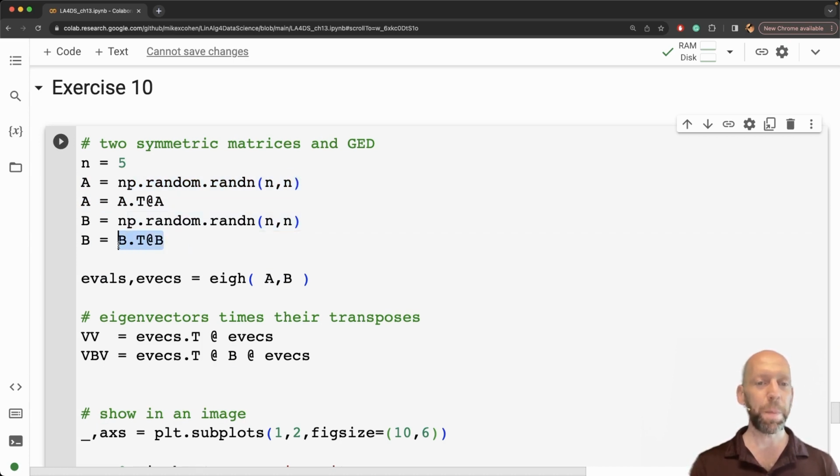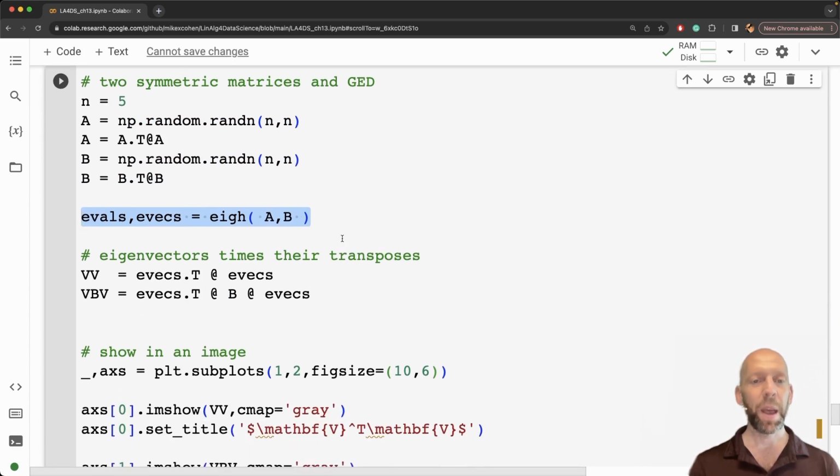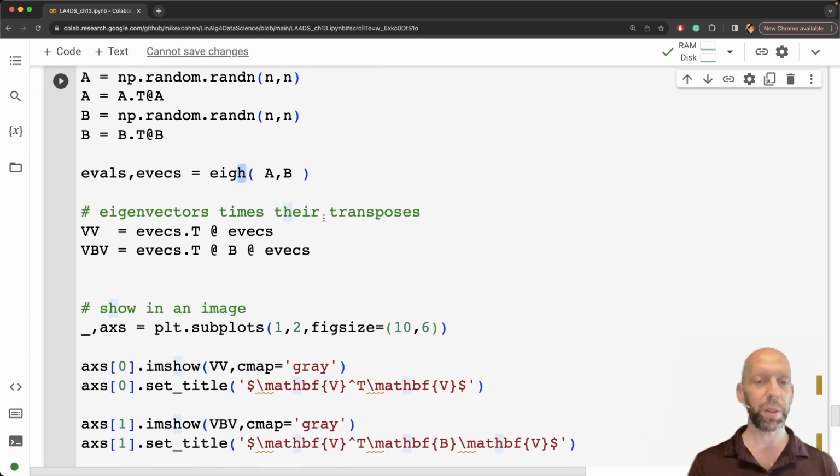Same thing for B. And here we implement the generalized eigendecomposition on matrices A and B. As I mentioned earlier in this chapter, if you're going to perform generalized eigendecomposition, it's better to use the eigh function from SciPy, which is more numerically stable compared to the eig function in NumPy for the generalized eigendecomposition problem.